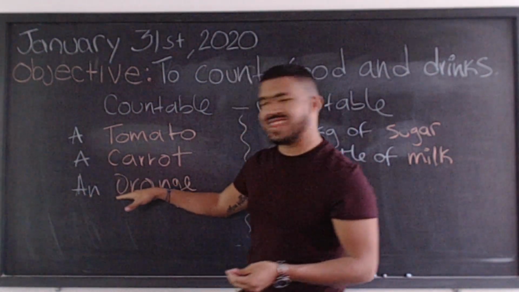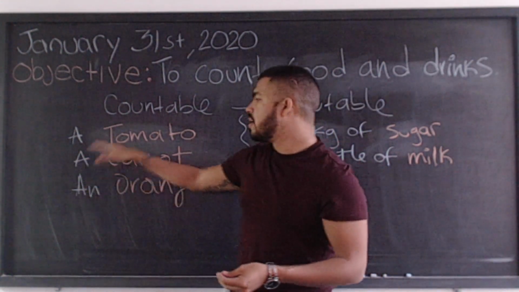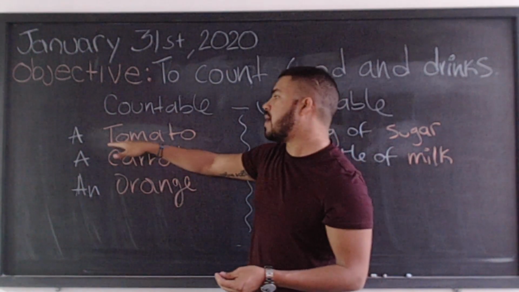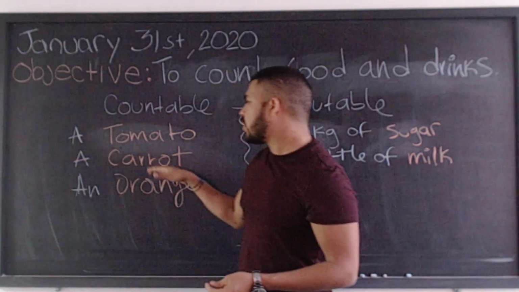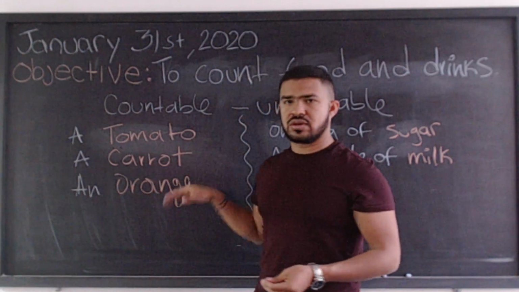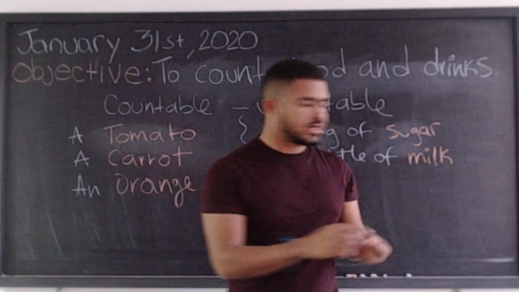When the noun starts with a vowel, you use an. But if the noun starts with a consonant, you use a. So a tomato, a carrot, an orange. Okay? So I'm going to continue providing more examples for you guys.